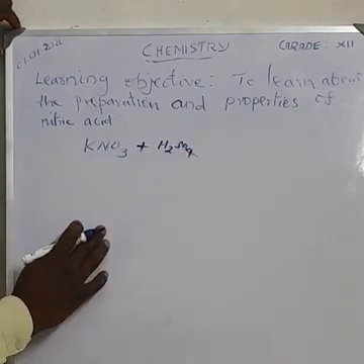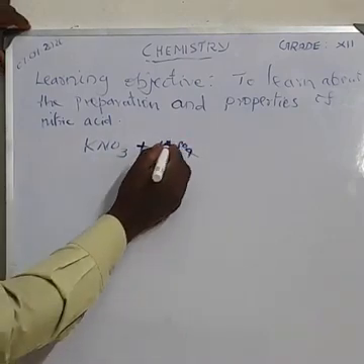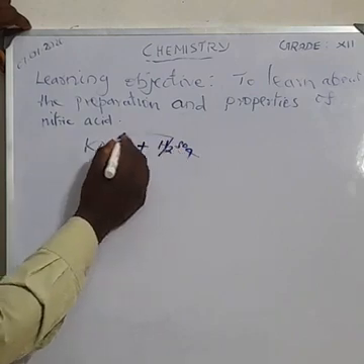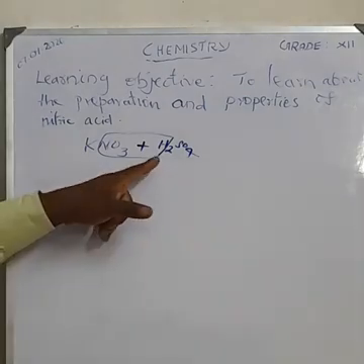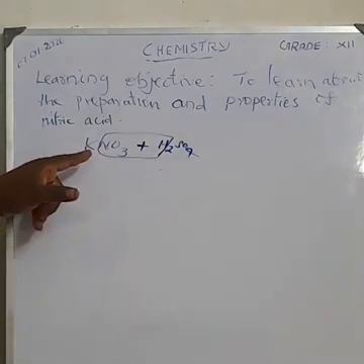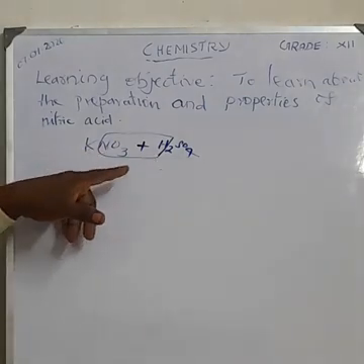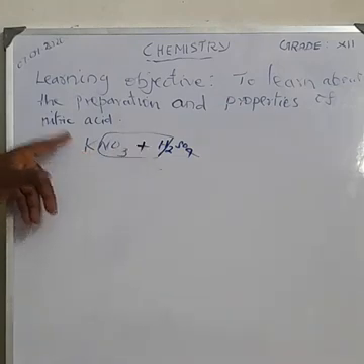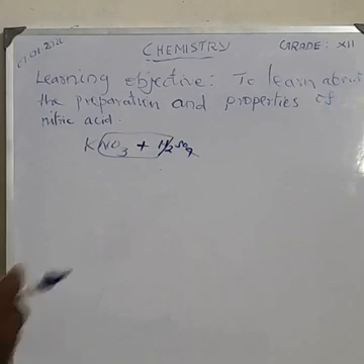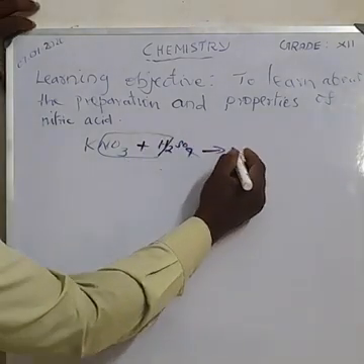So what's the product? One of the hydrogens combines with NO3. So what's the product? HNO3, nitric acid.